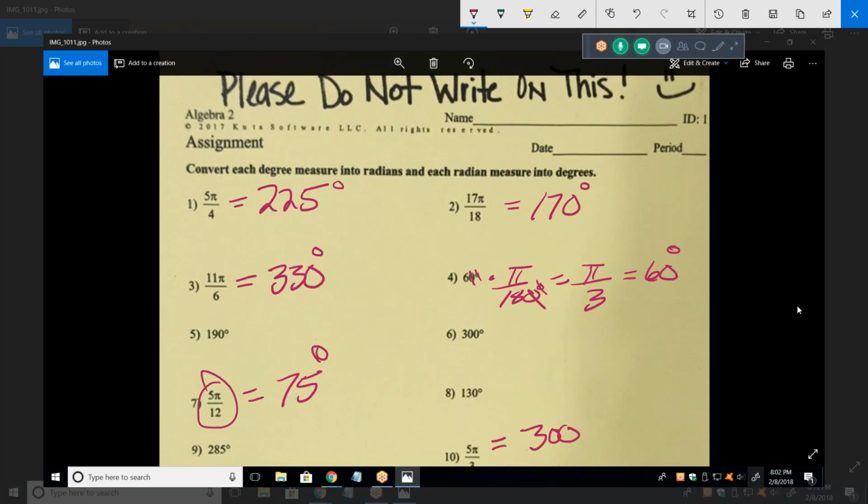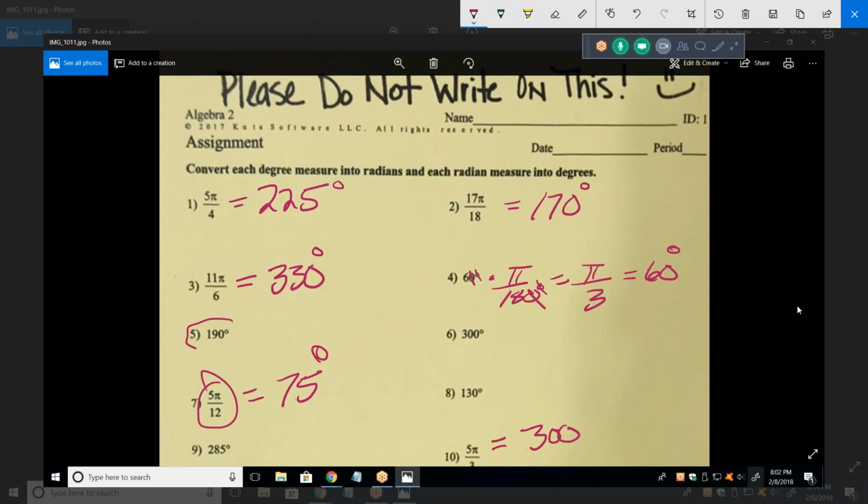So when you see 60 degrees, know that it's pi over 3. I really cannot stress strongly enough memorizing those 4 basic ones: pi over 3, pi over 4, pi over 6, and pi over 2. Pi over 2 is 90.